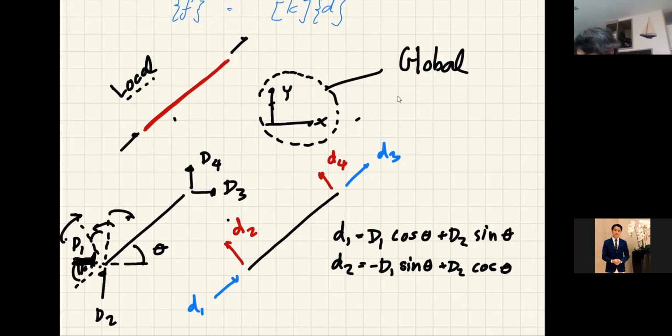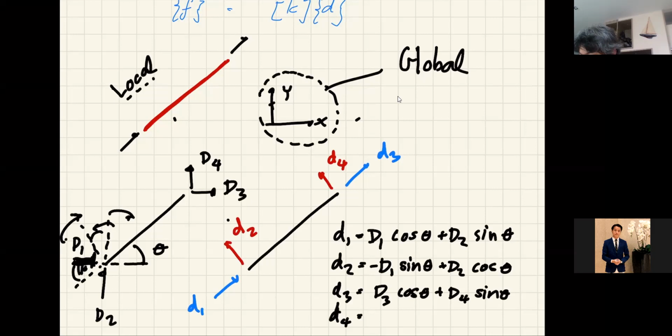And likewise, it's the same for D3 and then D4. D3 is in the same form as D1, but we change into capital D3 instead. Good handwriting. So this is D3 cosine theta plus D4 sine theta.